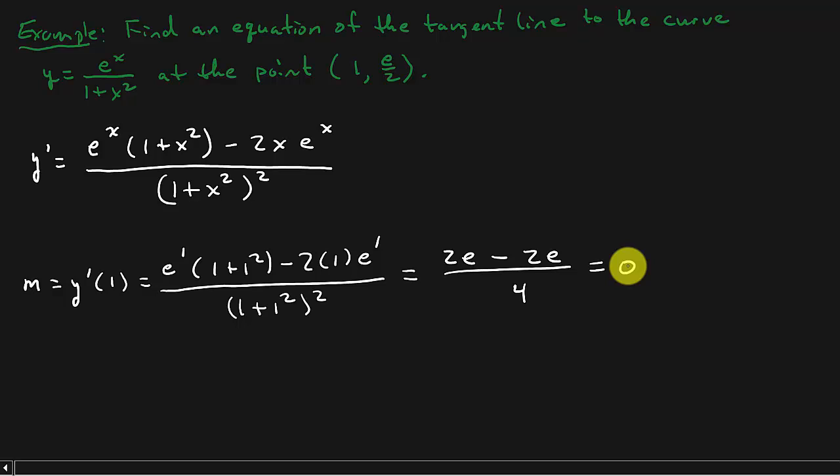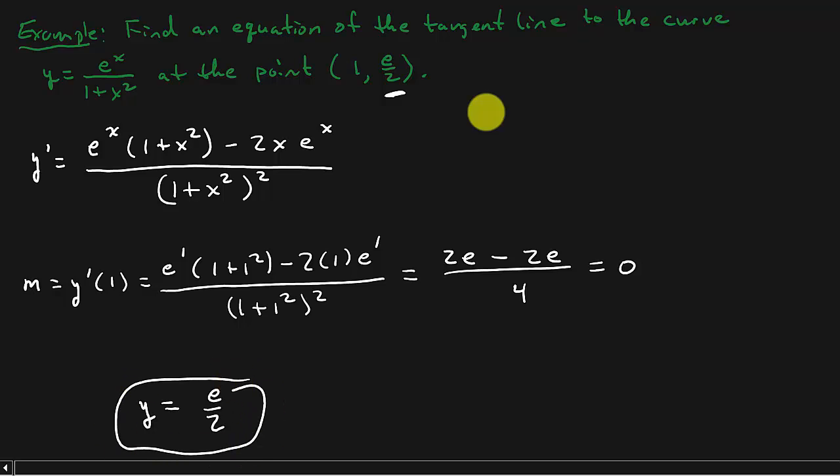Remember, this is a horizontal line. The slope's 0. So the equation of a horizontal line is what? y equals, right? Well, what's y? e over 2. So there's the equation of your tangent line. And look, if you use the point slope form and plugged everything in, you would get the same thing.